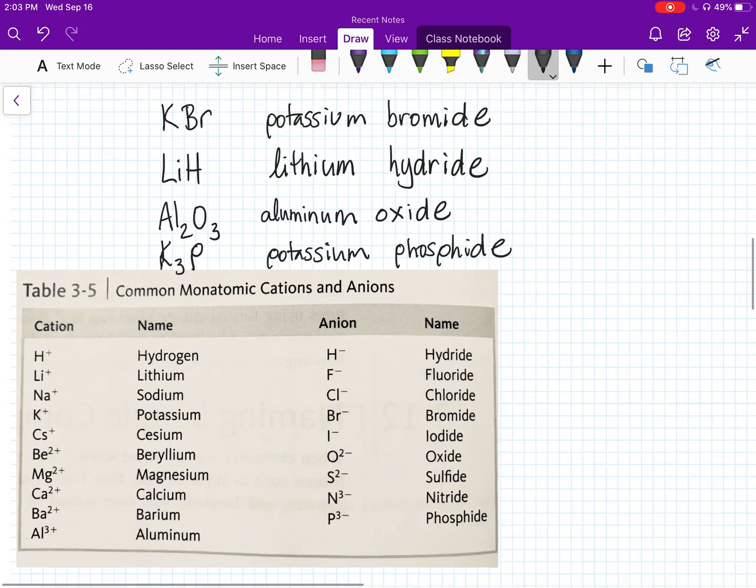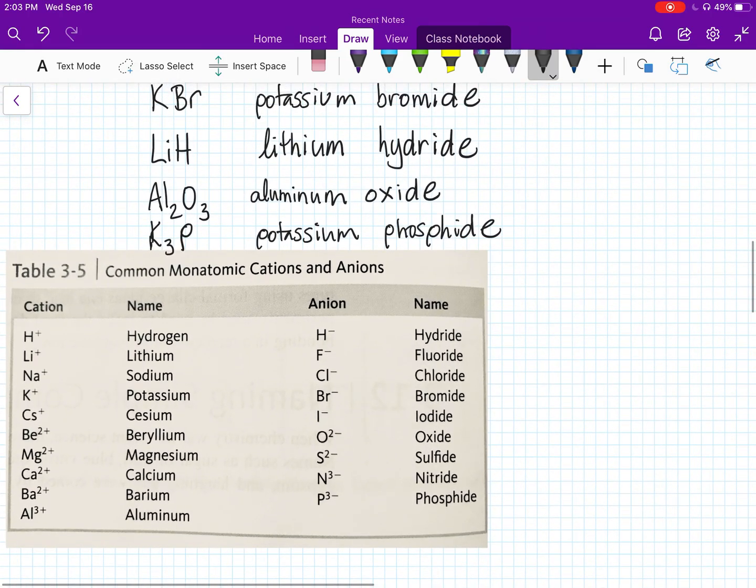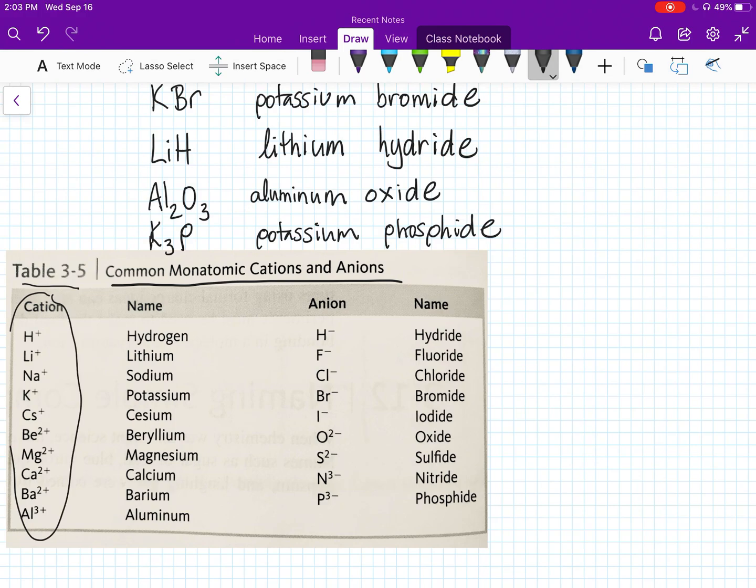Now, your book has a very useful table, table 3.5, showing the common monoatomic cations and anions that go into binary ionic compounds. So here are the cations. We have hydrogen, lithium, sodium, potassium, cesium, beryllium, magnesium, calcium, barium, and aluminum. Now you'll notice that most of these are in group 1.